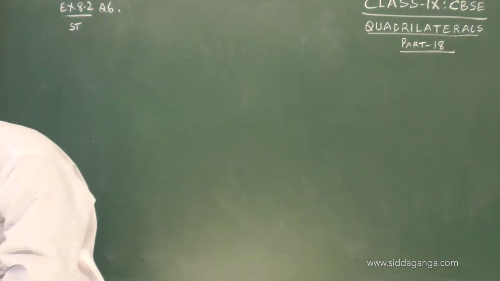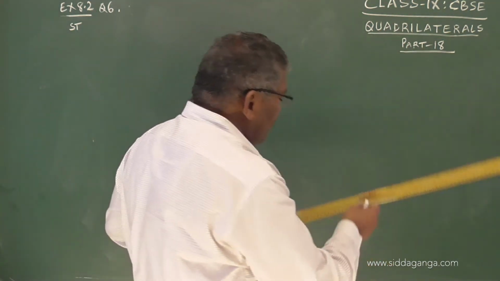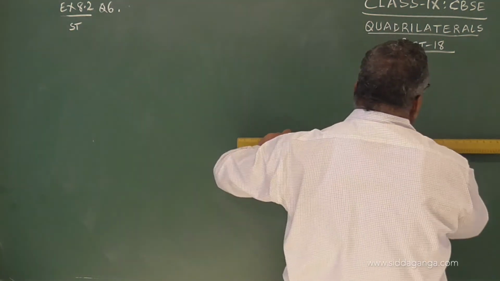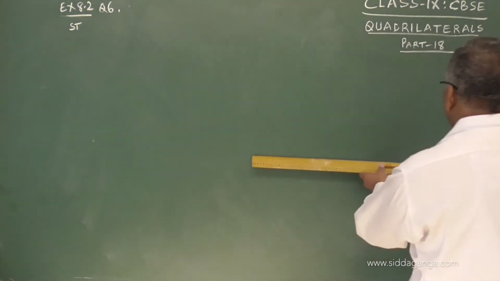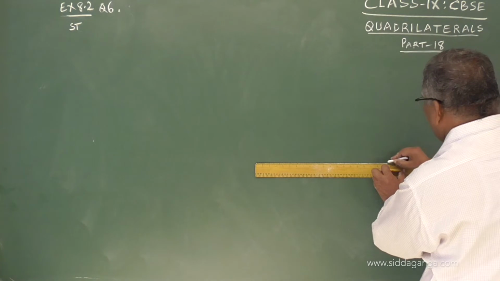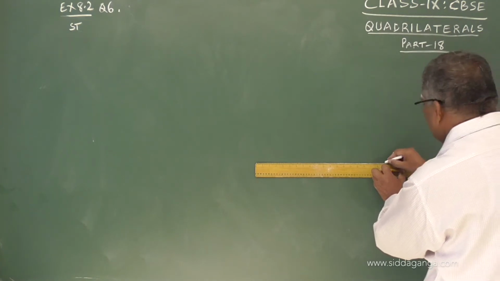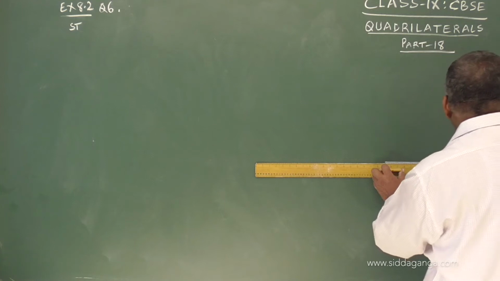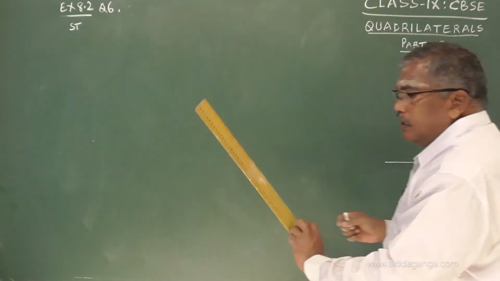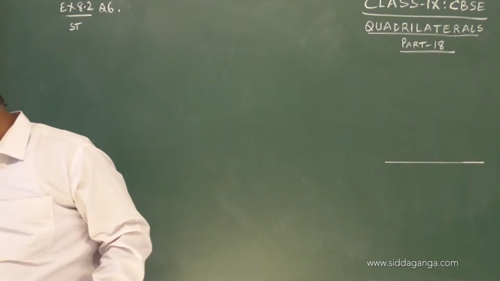So for a better understanding, first I will draw a figure. A quadrilateral is given. You take any quadrilateral of any shape, of any dimension. A general quadrilateral is given. So let us have a figure like this.